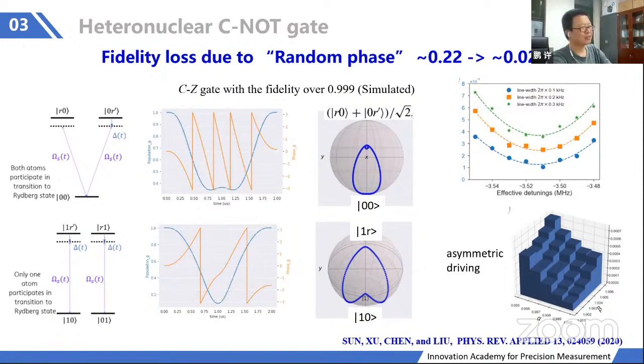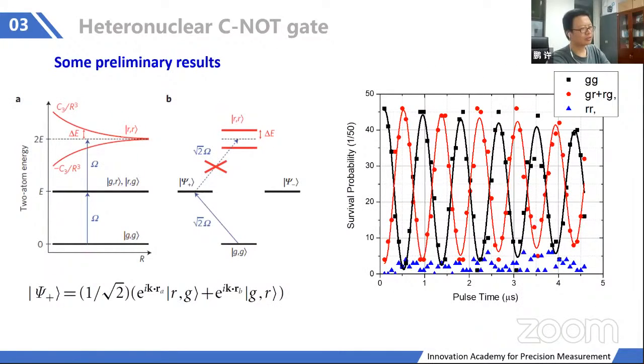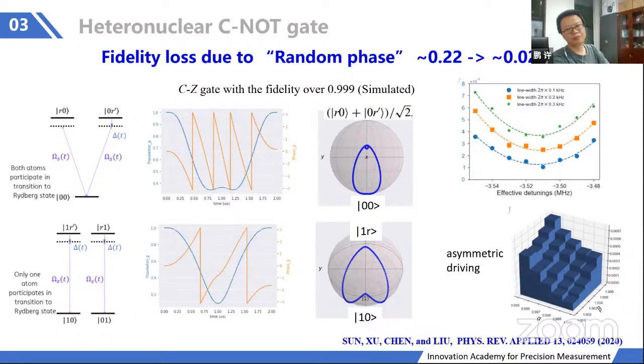So recently we are doing this experiment. We are trying to realize this. This is what I showed you last year, but we want to use this protocol to have a high fidelity controlled phase gate.